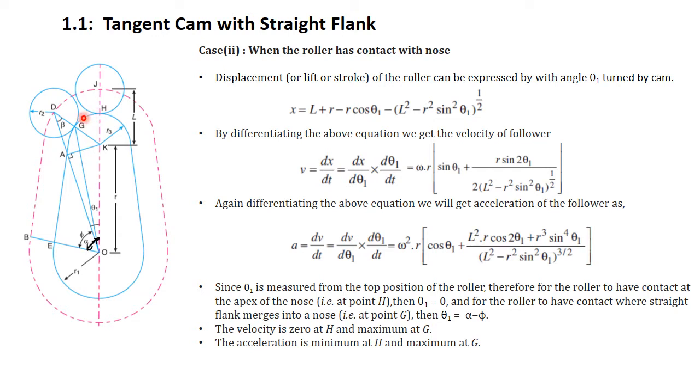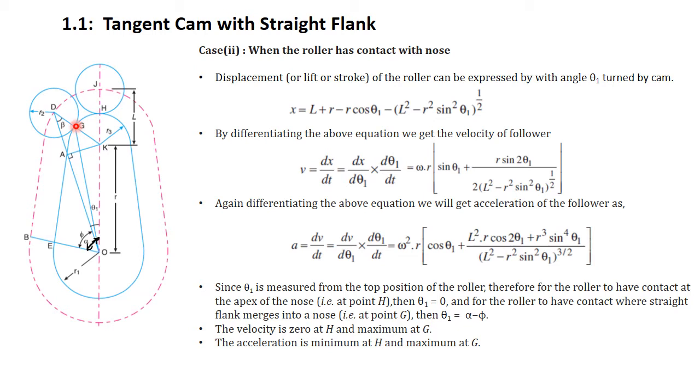Now we have seen that when the follower moves from the surface of the flank to the surface of the nose, it is at point G when it turns, moving on the surface of the nose.